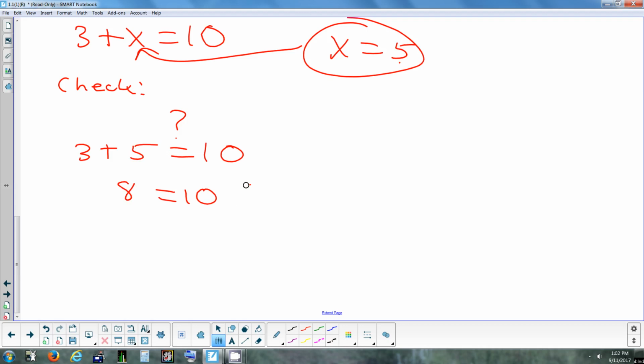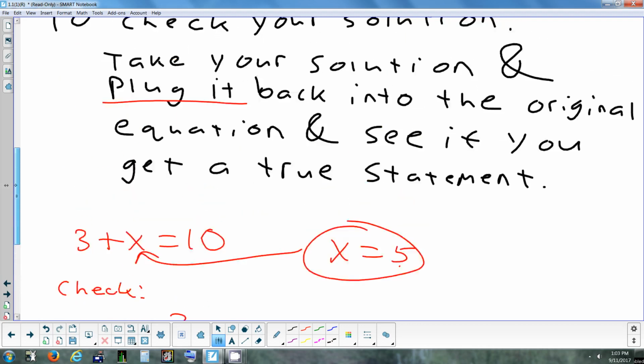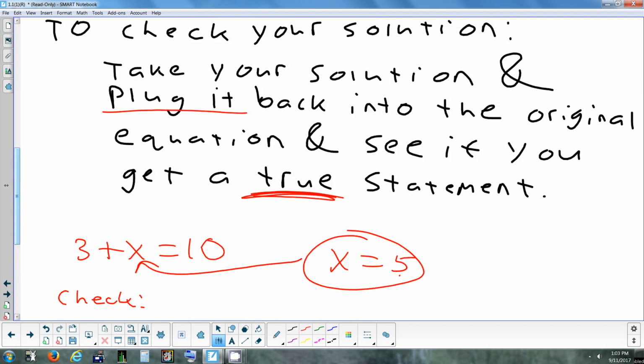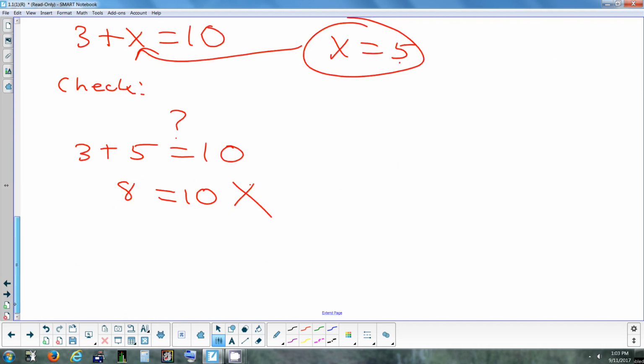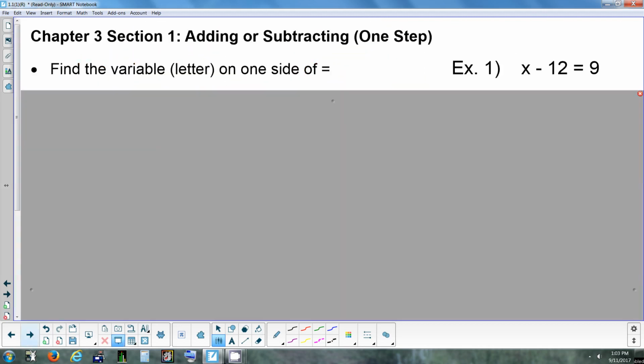No. So if you get a different number on the left and on the right, then something's wrong. Either when you checked it, you simplified wrong, or the number you plugged in is wrong. So this is the goal when you check it: a true statement, the same number on the left and on the right. Guys, remember, we're going to tell you when you have to check them. We're not going to make you check every single one.